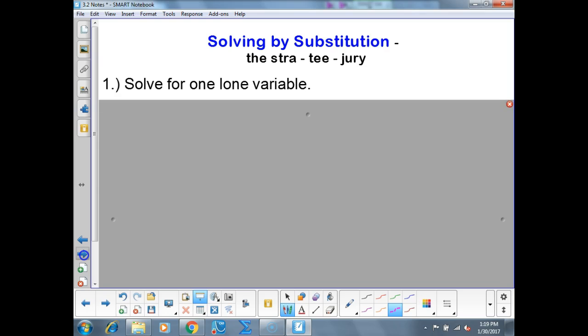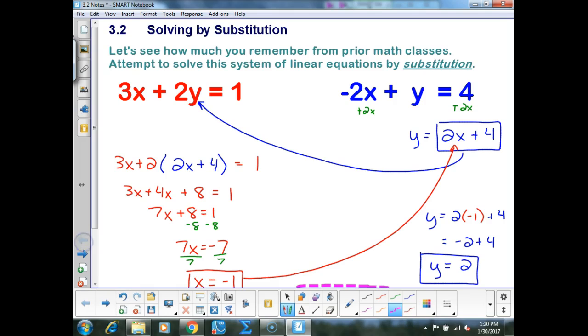So I solve for one lone variable. Now, make it easy on yourselves. What I mean by that is, if I go back to this equation, I probably wouldn't solve the red equation for x, because I'd have to divide by 3. And what am I going to get? Fractions.